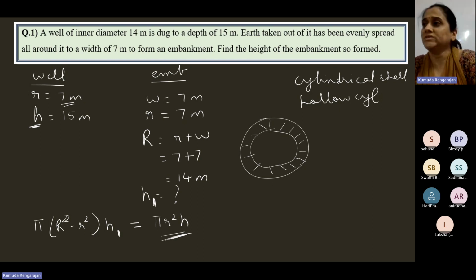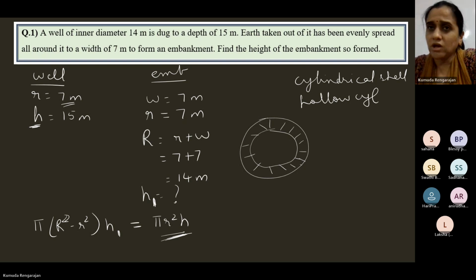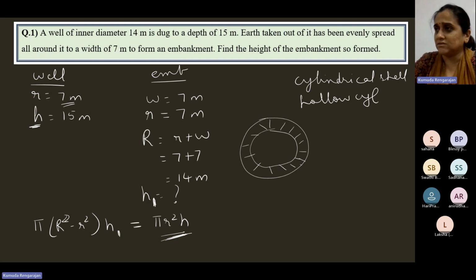So we understand that volume is area of the uniform cross section into height. That's how we understand volume. Volume is area into height. When a 2-dimensional figure is given height, it becomes 3-dimensional. A square given some height can become a cube if the height is the same as the side of the square.